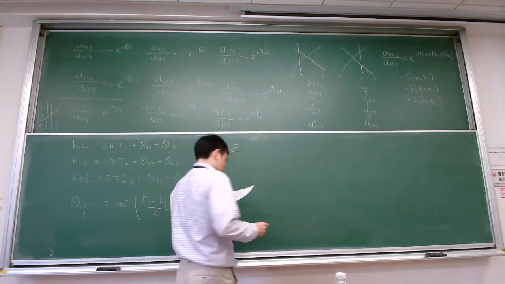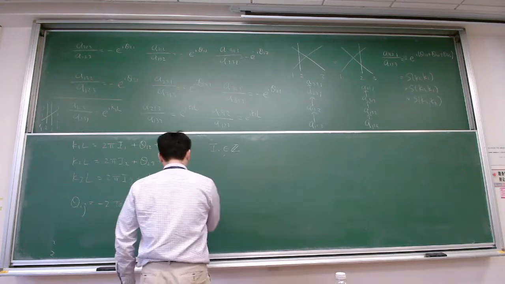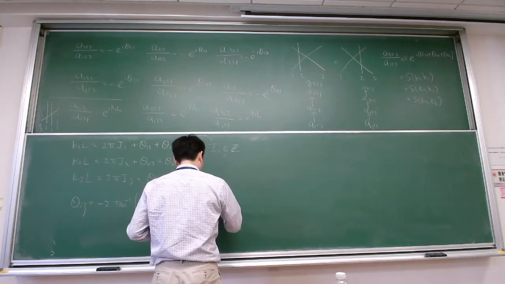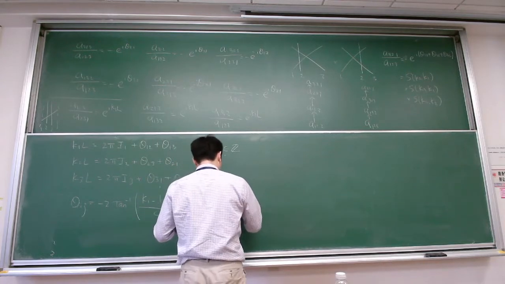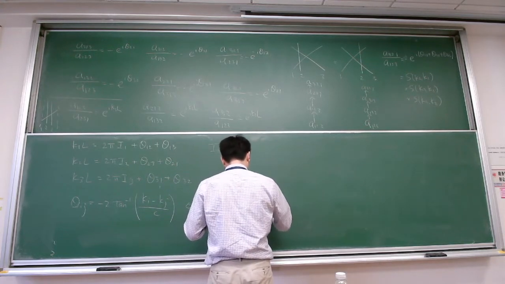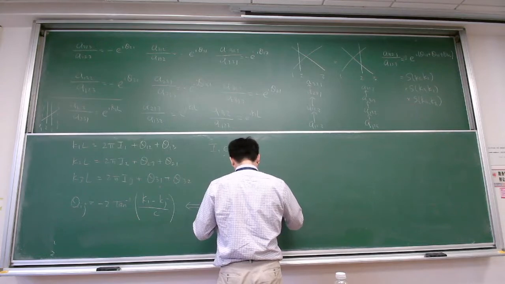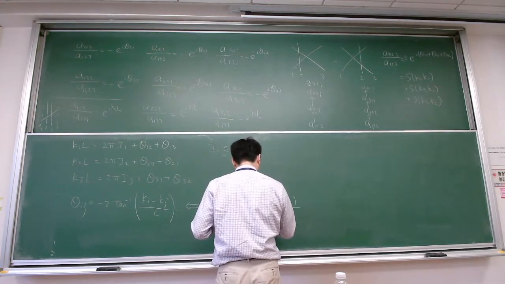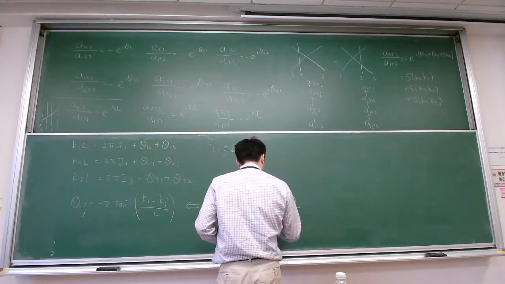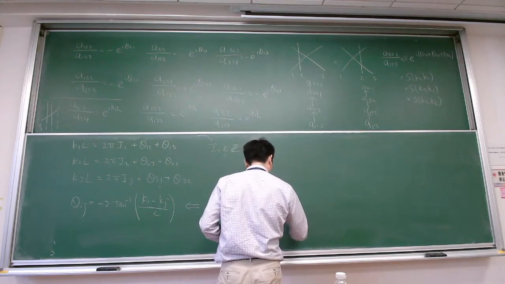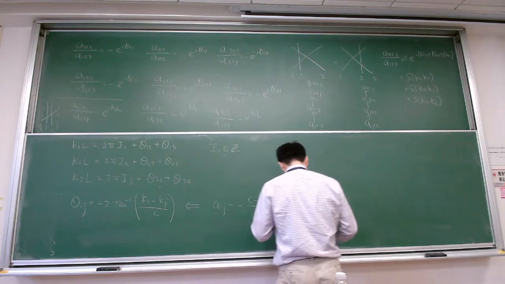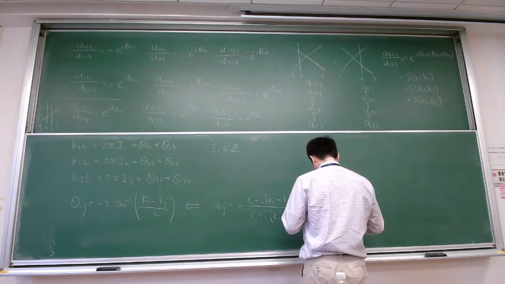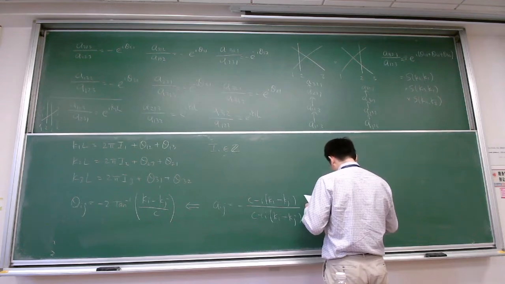So here this is coming from aij equal to minus (c minus i(ki minus kj)) divided by (c plus i(ki minus kj)). This we call e to the minus i theta ij, and then theta ji.